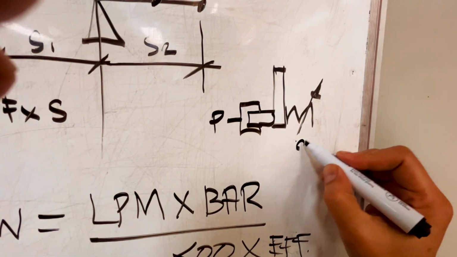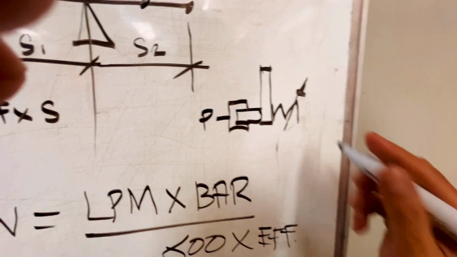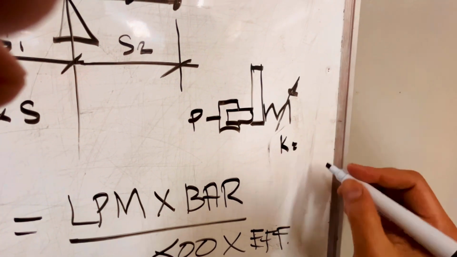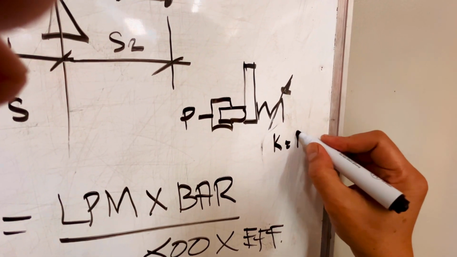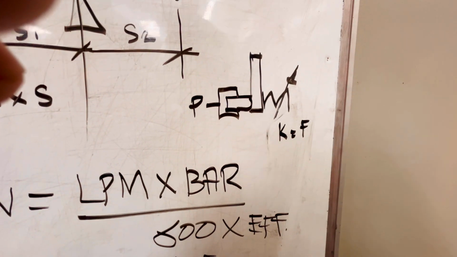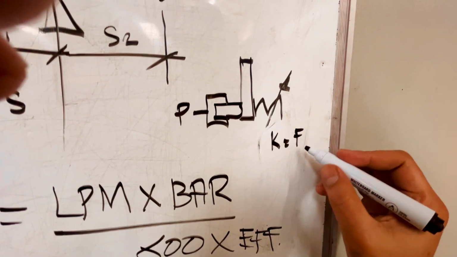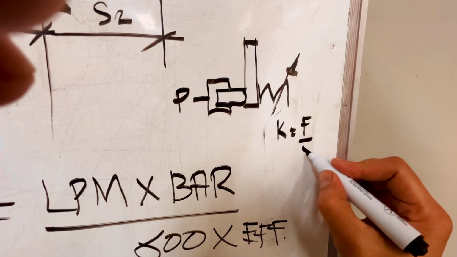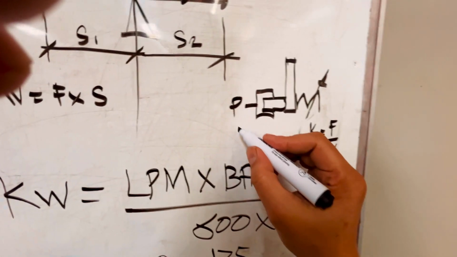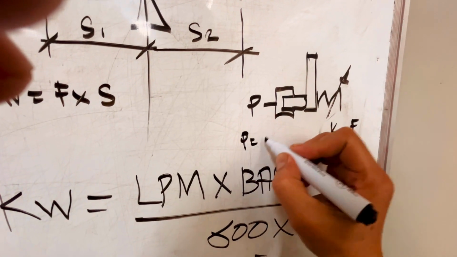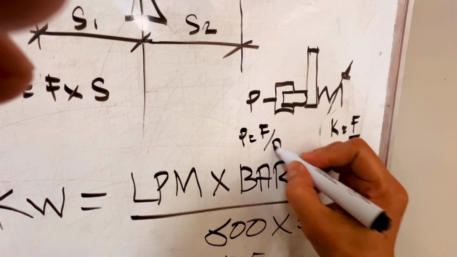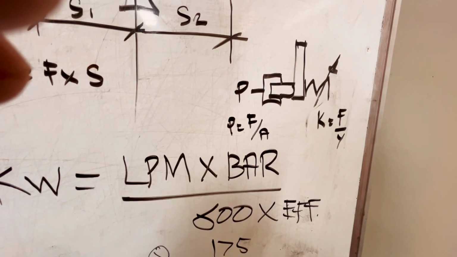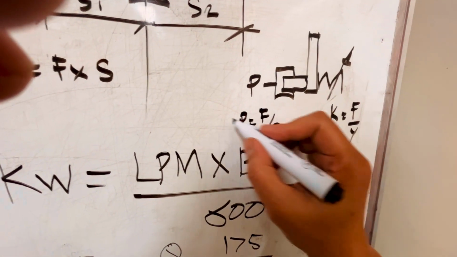Here spring rate, K equals force over deflection, and then here pressure, force over area.